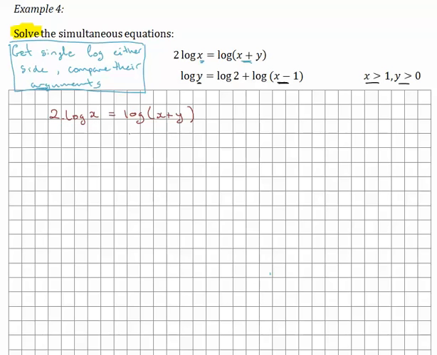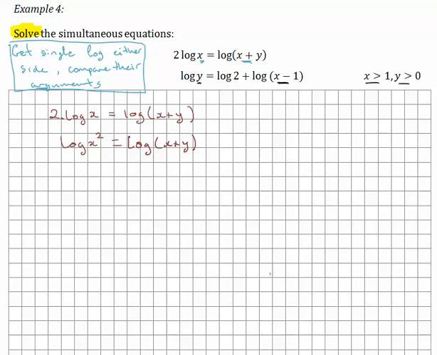We can't compare the arguments just yet. What we need to do is apply the law that the 2, being a number multiplied outside, goes onto the power of the argument. The 2 goes up on the shoulder of the x, and on the right hand side we have log of x plus y.